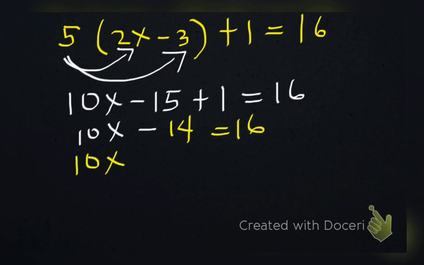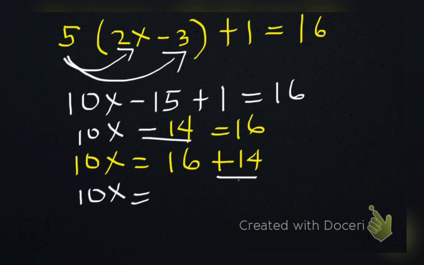Next, we will move negative 14 to the right. So it will be 16 plus 14. So let's bring down 10x equals 16 plus 14 equals 30.